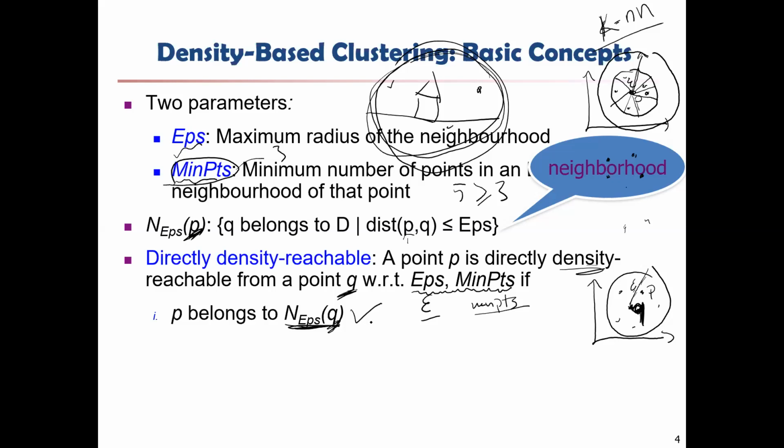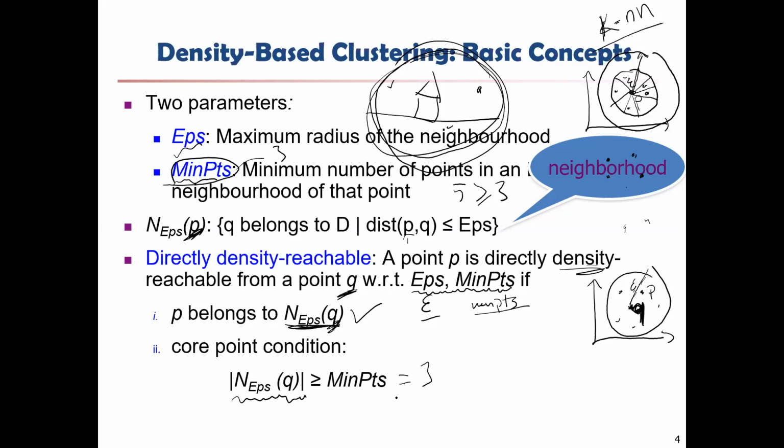And the second condition is that the size of this neighborhood that belongs to Q should have at least the minimum number of points. If you say the minimum number of points is 3, that means this should have 1, 2, 3, at least 3 points. And of course, P should be one of them, all right?